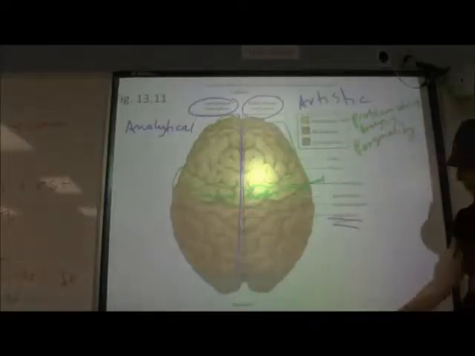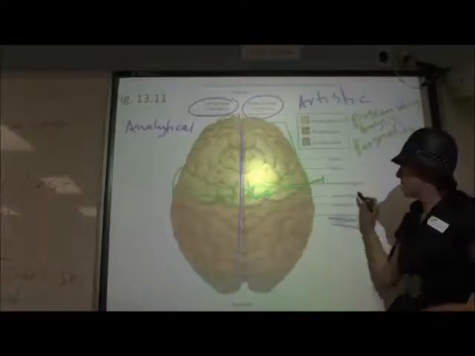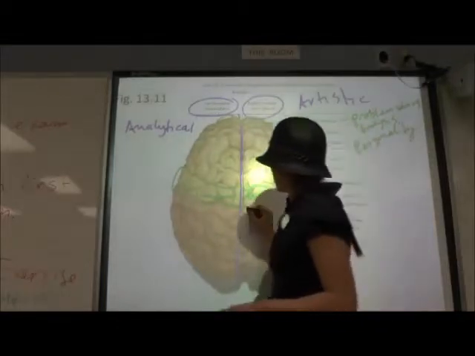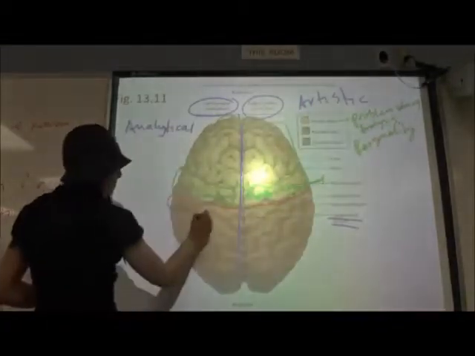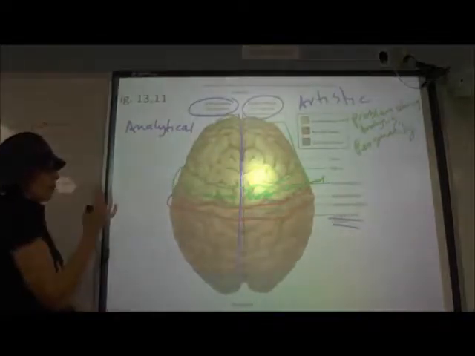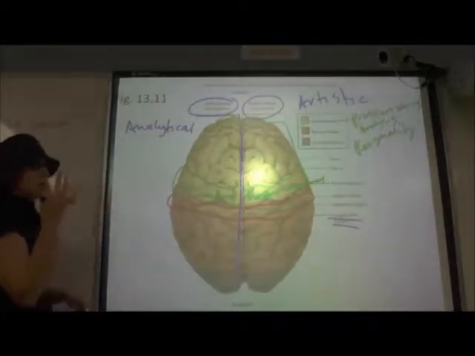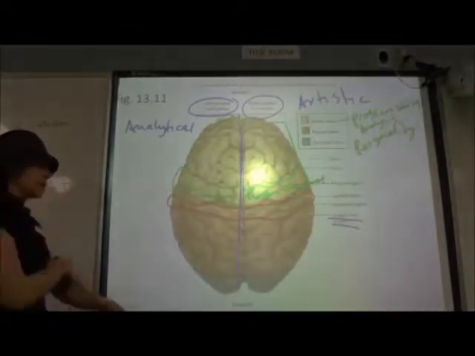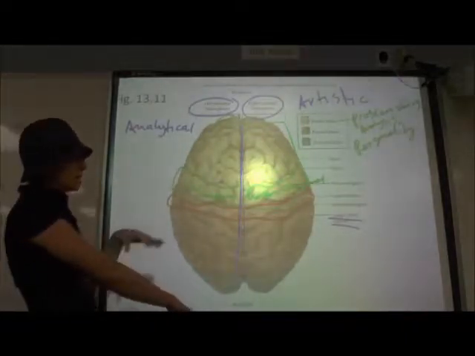If we look posterior to this central gyrus, we've got our parietal lobes and our central sulcus. This postcentral gyrus is what's going to be responsible for our primary somatosensory cortex. So all of those senses that you're aware of on your body are coming in here.